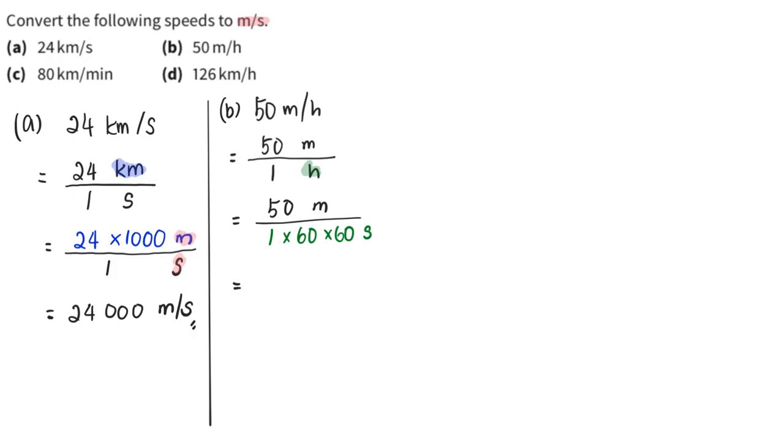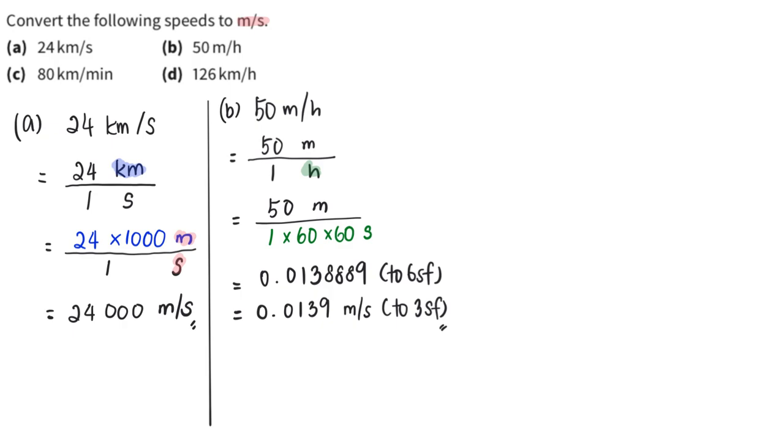Next thing would then be 50 divided by 60 times 60, and that will be 0.0138889 to 6 SF first, followed by the final answer 0.0139 meter per second. This is to 3 SF.